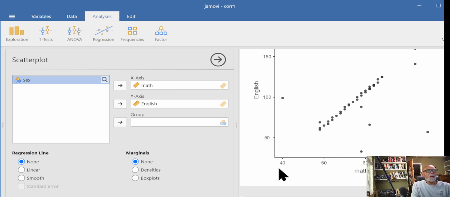And as we saw, if we extended this out to 0 on both, we would have negative, I think it was 90. And for every unit of movement on math, we have about a 3-point movement on English.